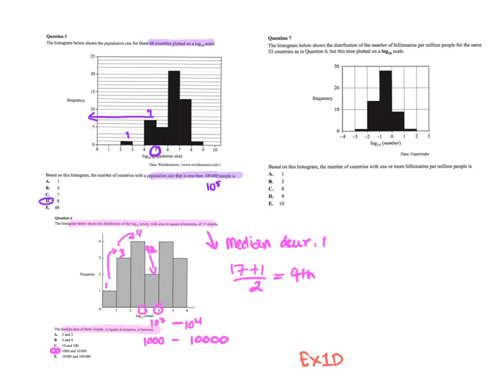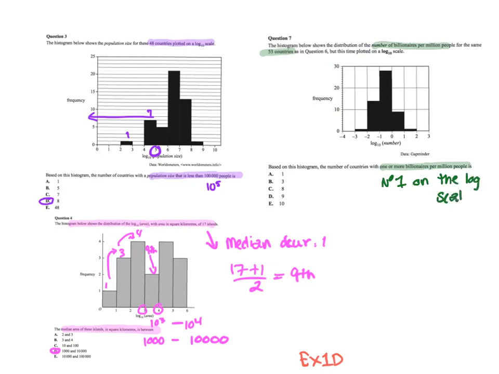I'm just going to do this last one. The histogram shows the distribution of number of billionaires per million people for 53 countries. Based on the histogram, find the number of countries with one or more billionaire per million people. So you're trying to find the number 1 on the log scale.